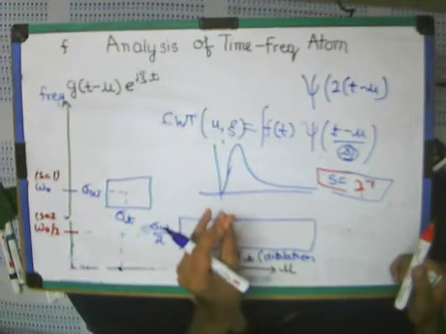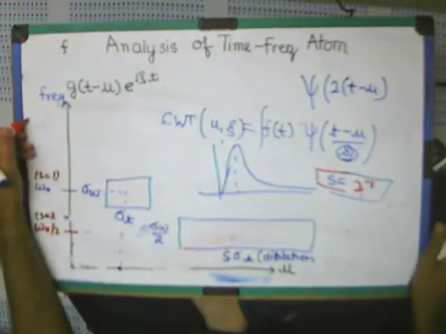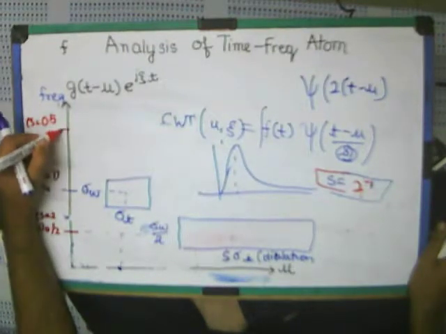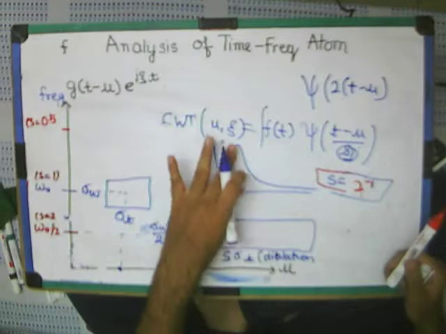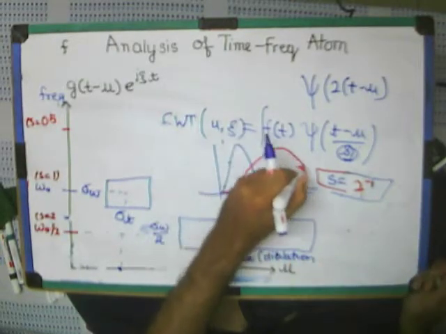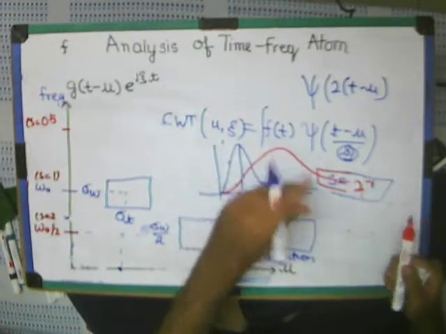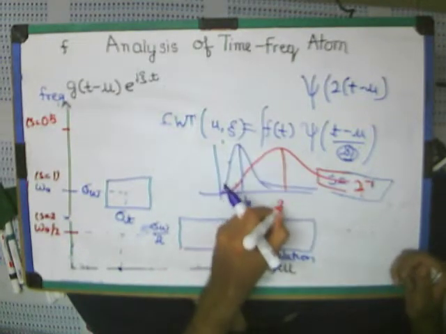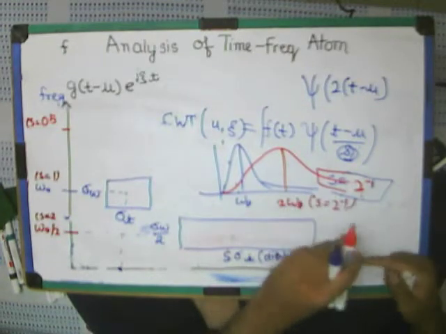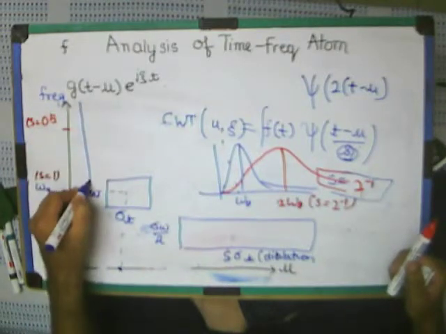So the time compression leads to frequency expansion. When the scaling factor is equal to 0.5, the frequency becomes expanded. So this was the original and now it will become something like this. If this was omega naught, this will become 2 omega naught, for scaling equal to 2 raised to the power minus 1. So there will be an expansion.